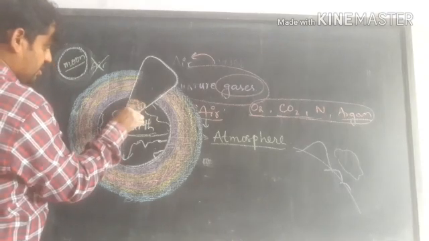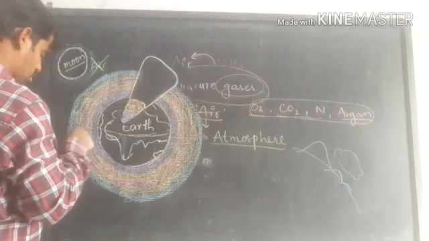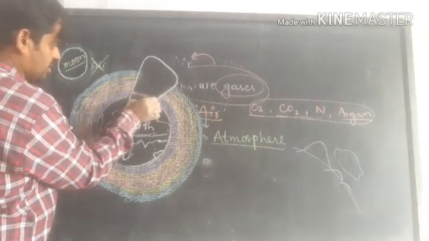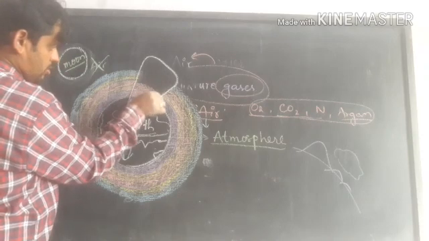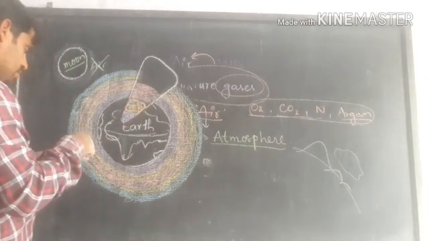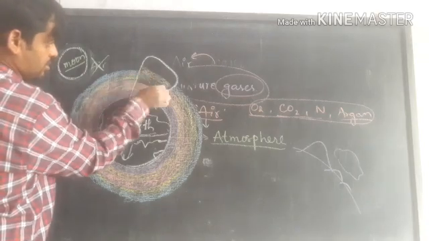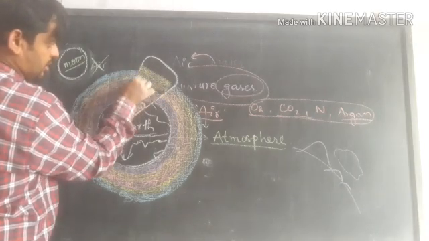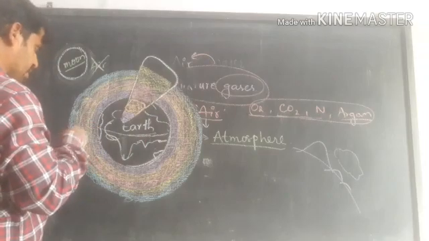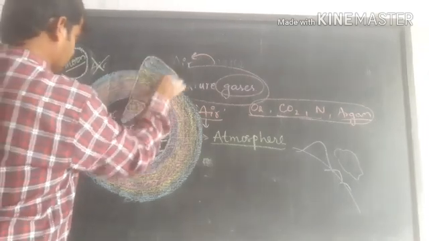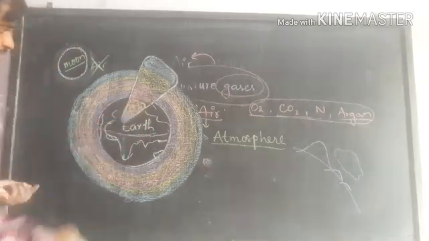It is the second layer, this is the third layer, and this is the fourth layer, and finally it is the fifth layer. Like this, around the earth there are layers.